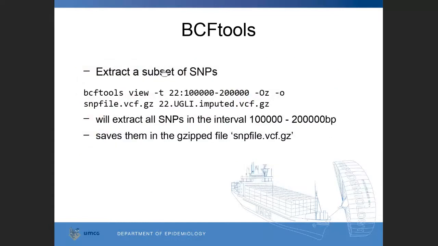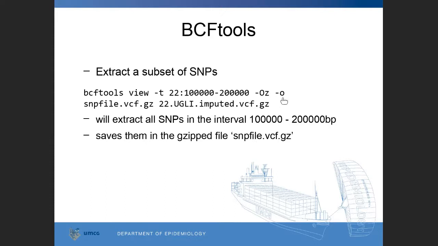So with this view, as I said, you can extract a subset of SNPs. For instance, if you have bcftools view and this minus small t, you can give in a range, an interval on chromosome 22, let's say from position 100,000 to position 200,000.